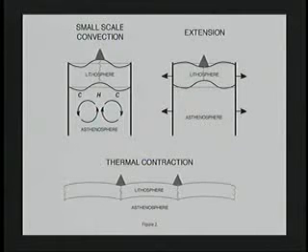And so people have proposed this extension idea where the plates are extending and you get cracks in the plate and volcanism above the cracks. And then more recently there's another idea about thermal contraction, how the plates are contracting and cracking and bending and so on.